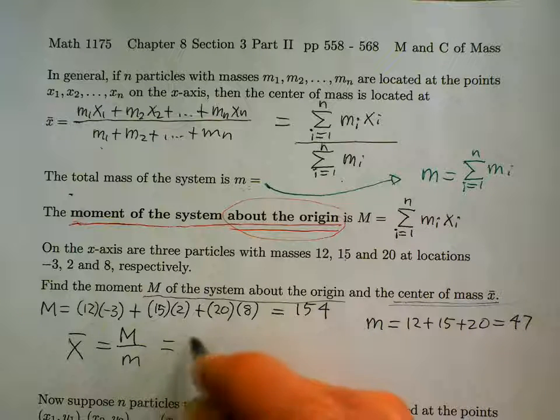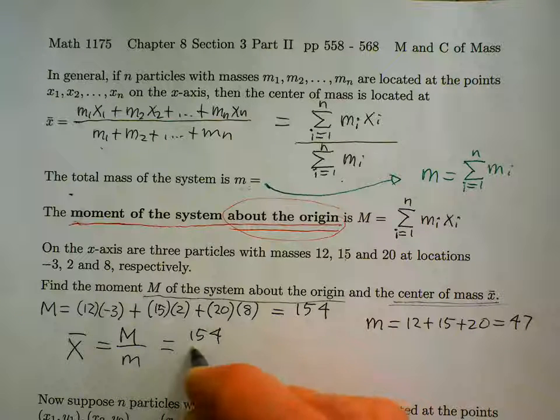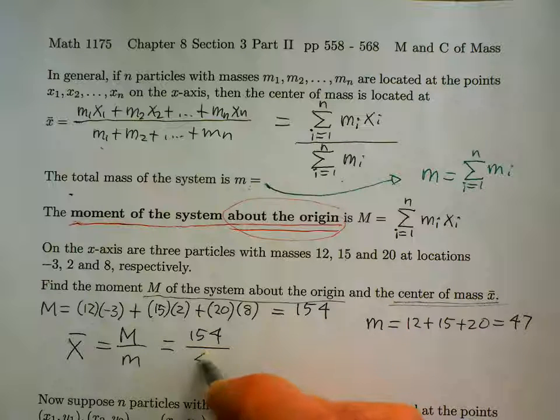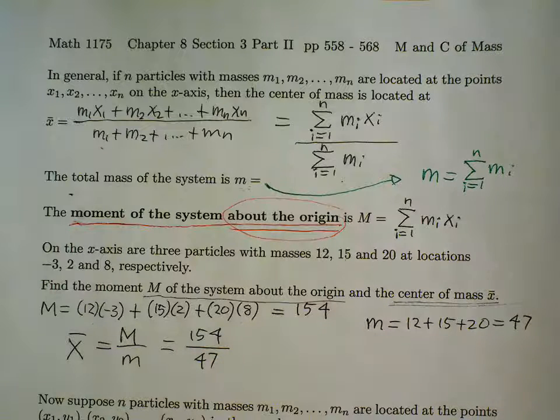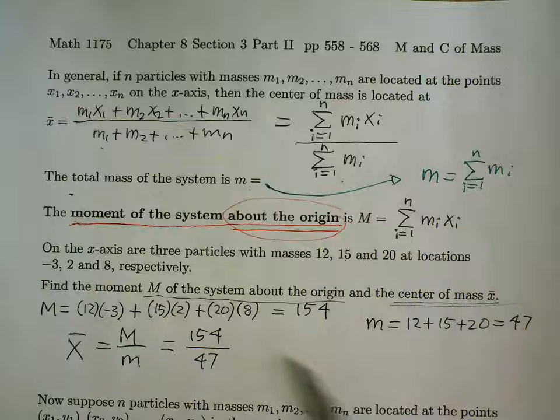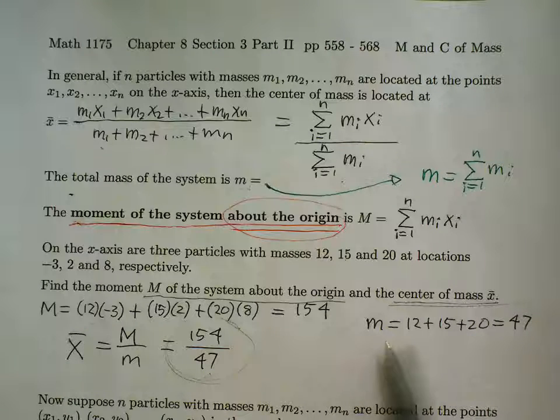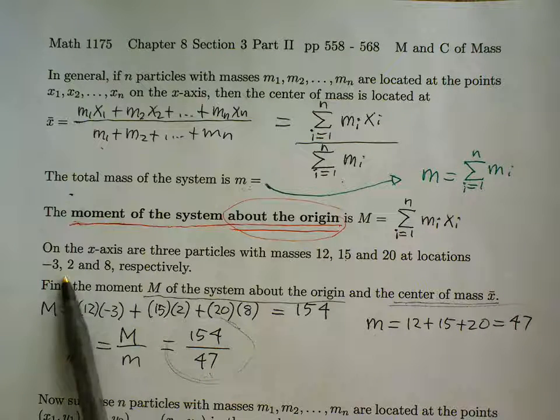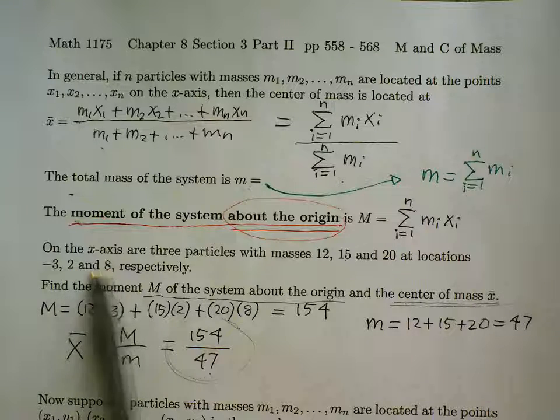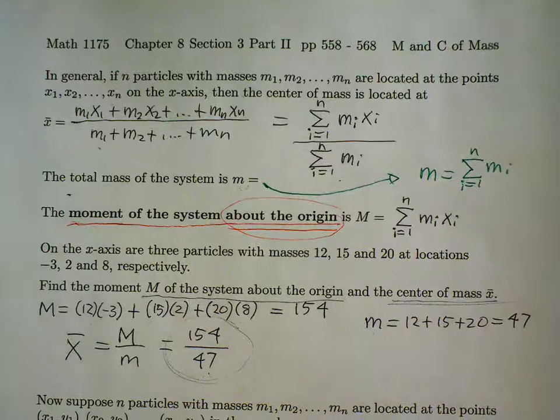So we get 154 divided by 47. This number is a little bit bigger than 3. So on the number line, it's to the right of 2 and to the left of 8. So that's where the center of mass is.